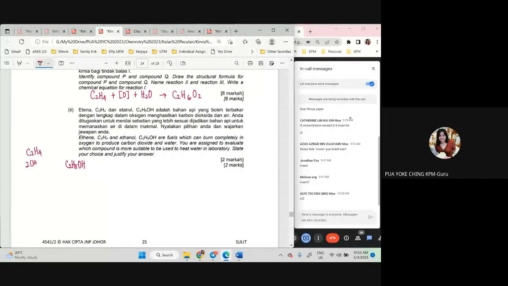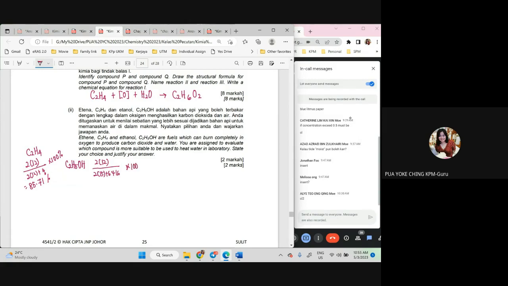So 2 darab 14. Sorry. Why I always 14 is 12. 2 times 12 divided by 2 times 12 plus 4. Multiply 100%. So you will get 24 divided by 28, 85.71%. So if C2H5OH, you will get 2 times 12 divided by 2 times 12 plus 6 plus 16.